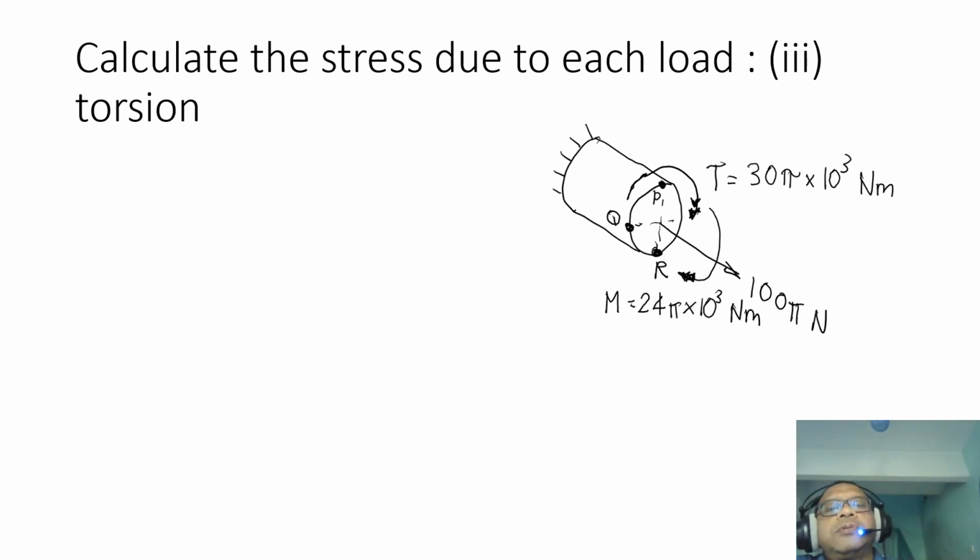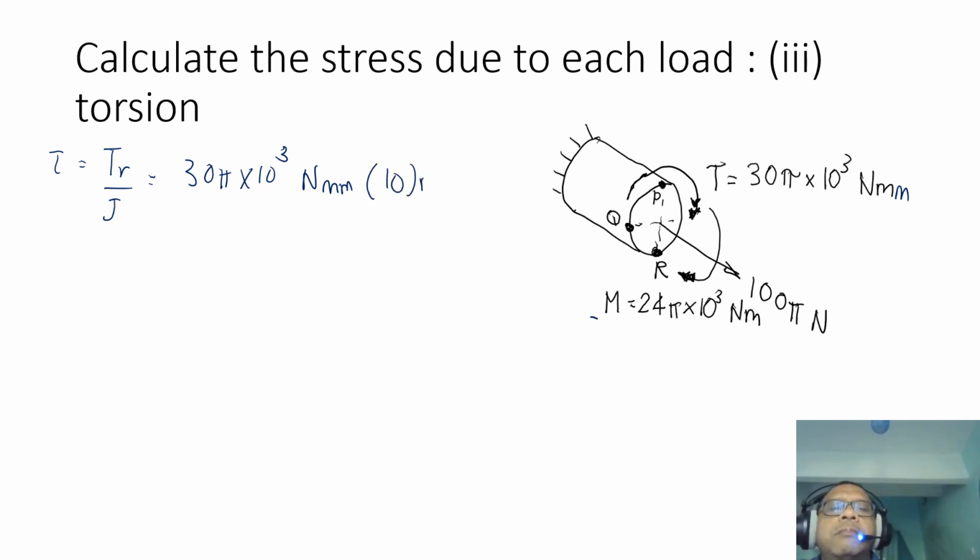So when you've got the stress due to torsion, tau is equal to TR over J, and the torque is given by 30 pi times 10 to the power 3, not Newton meter, Newton millimeter, and then R is 10 mm, and J is pi D to the power 4 over 32.